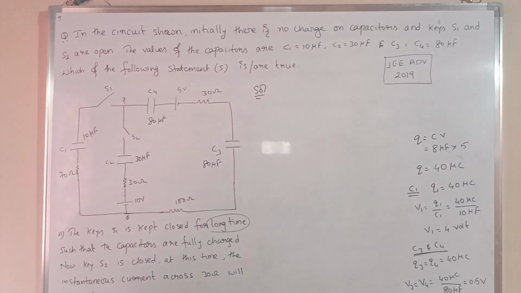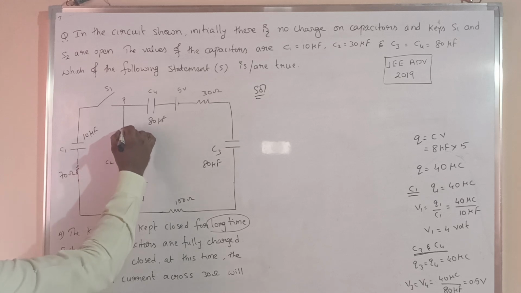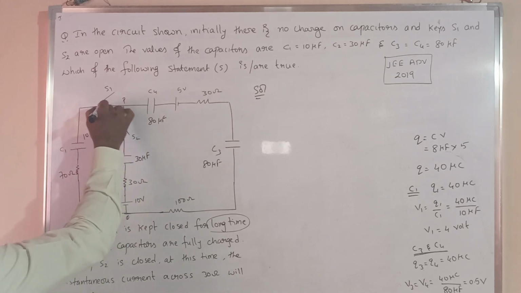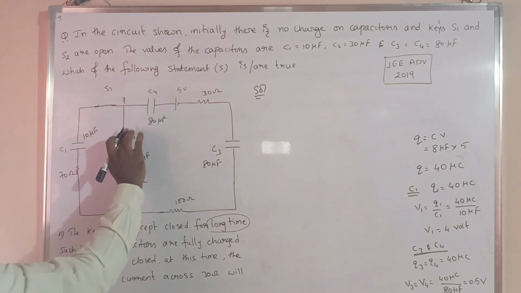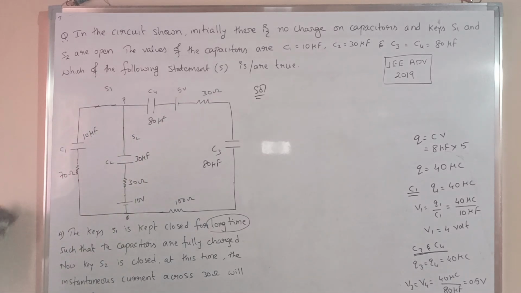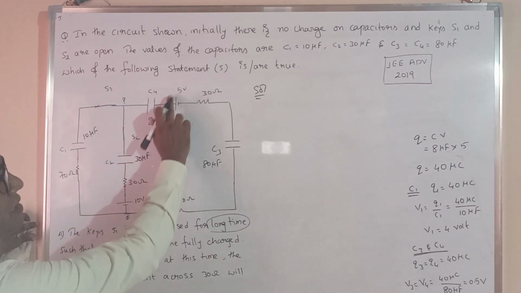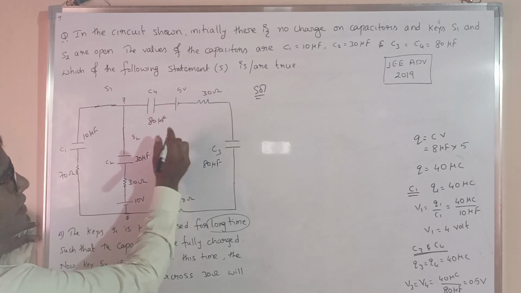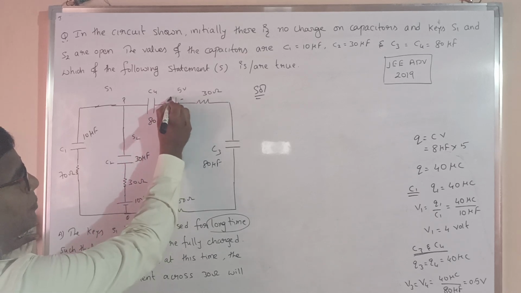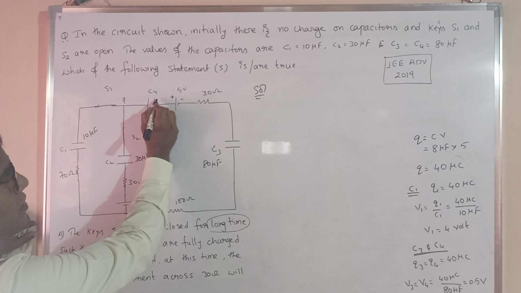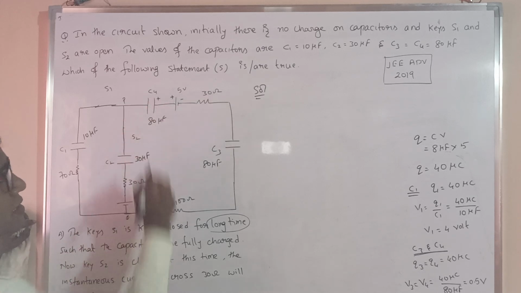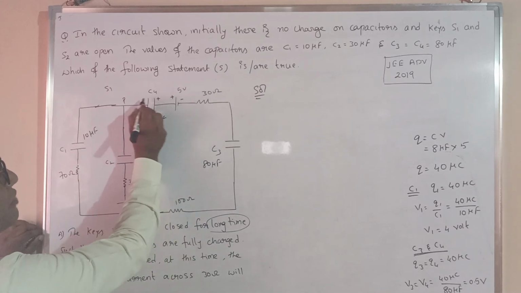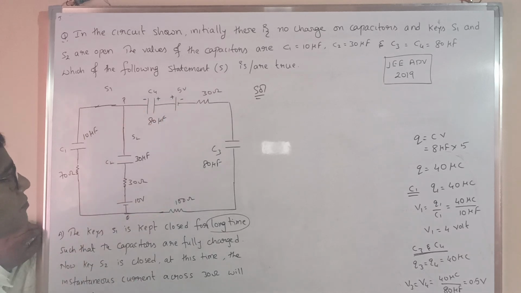Now we'll see. For example, now S1 is closed, S2 is also closed. Now see here, this is 5 volt potential, and here it will be minus and here it will be plus. This is plus, so this plate will be positively charged and this plate will be negatively charged.